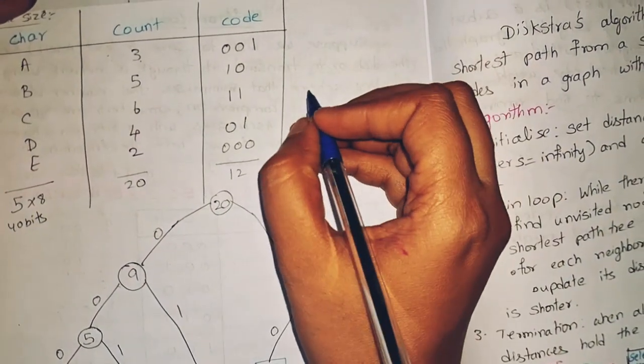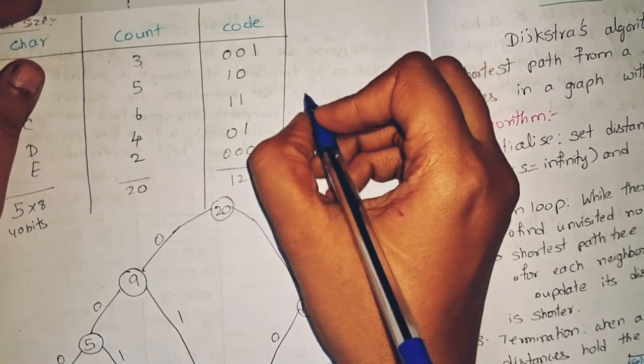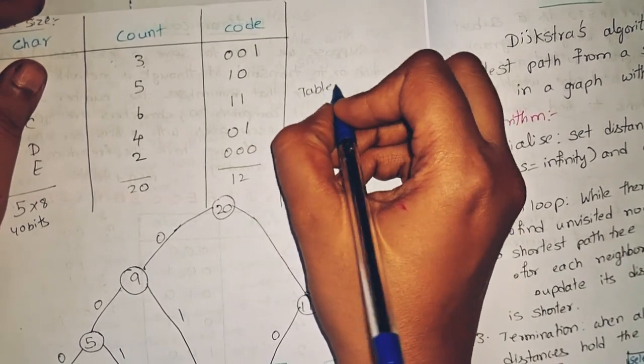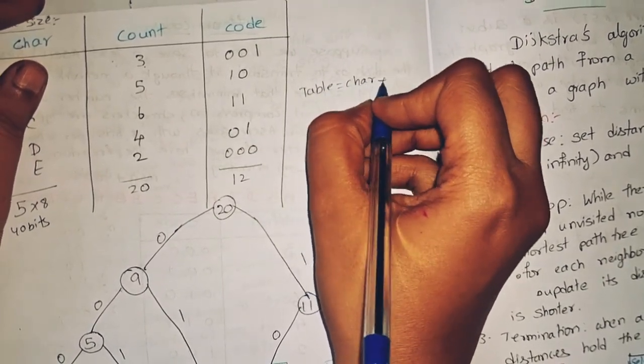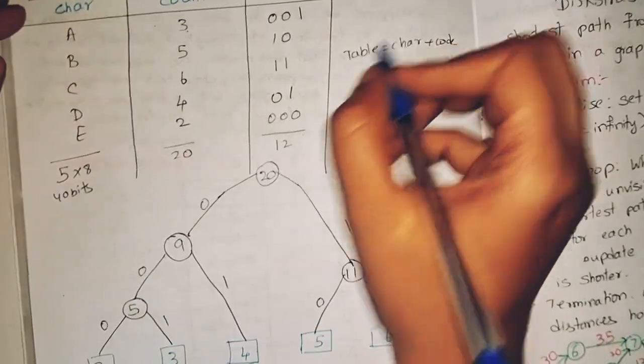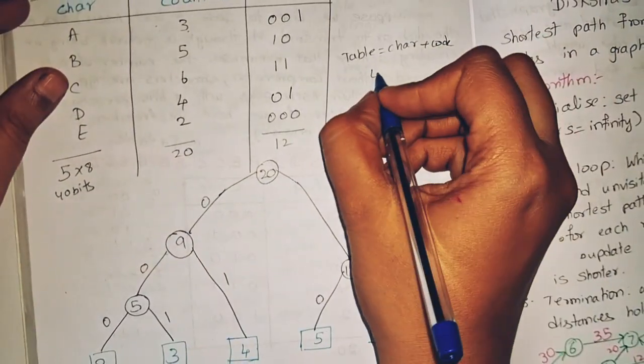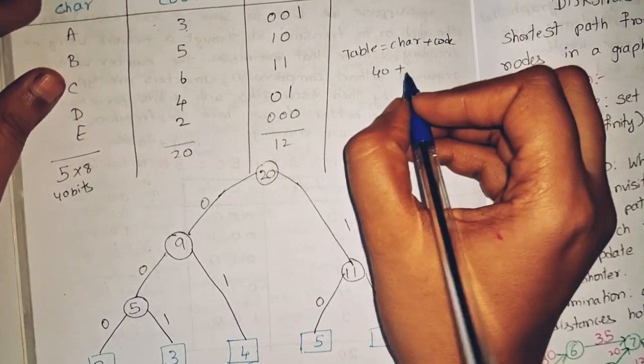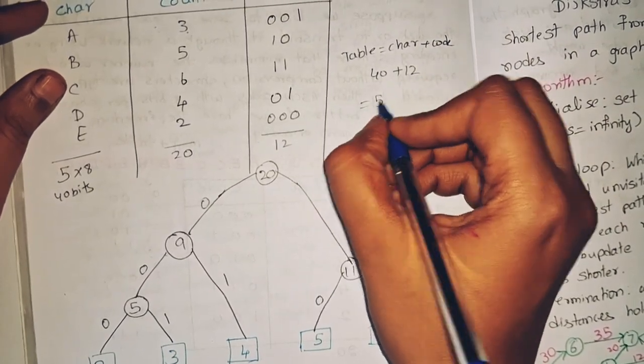So how do we calculate the table bits? Table equals characters plus codes. The character bits are 40, plus codes, we are using 12 bits, so that equals 52 bits.